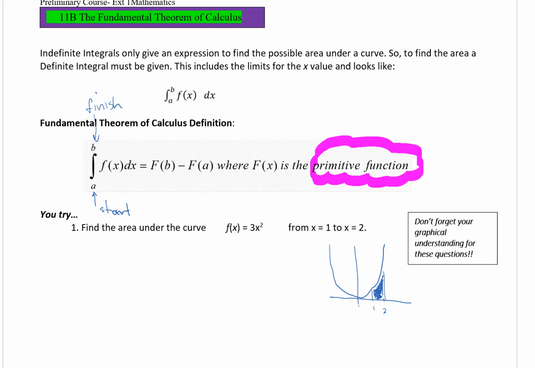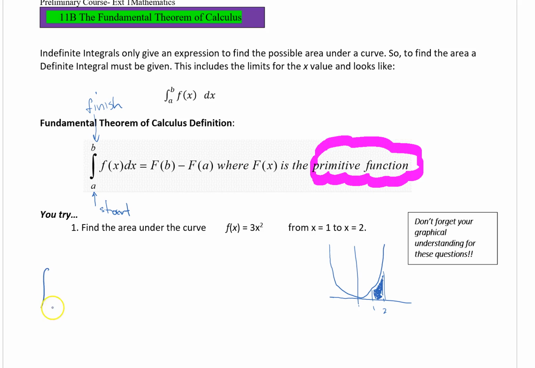So that's graphically what we are doing, and you'll find that with integration it's critical that you can draw the graphs of your functions. So that's our graphical representation of what we're doing.